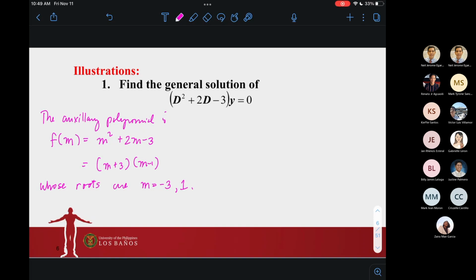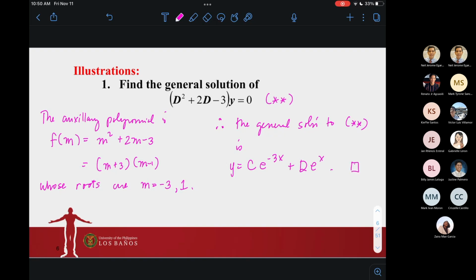Then, case number 1 tells us that the general solution to the GLDE, let's call this double star, is the linear combination of e to the power root times x. So this is c times e to the -3x plus d e to the x.